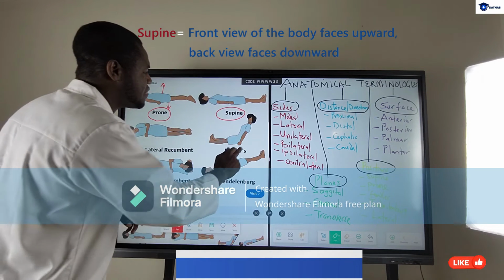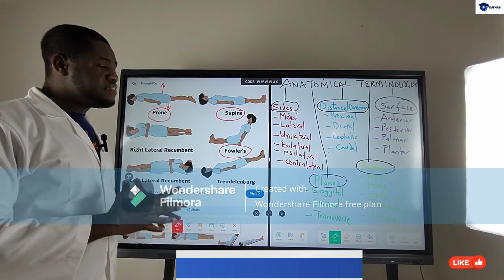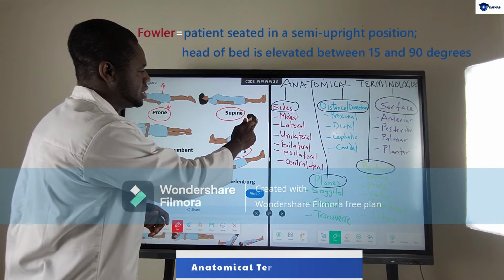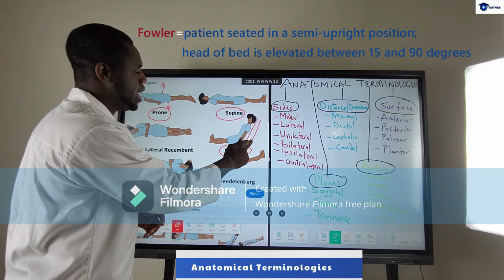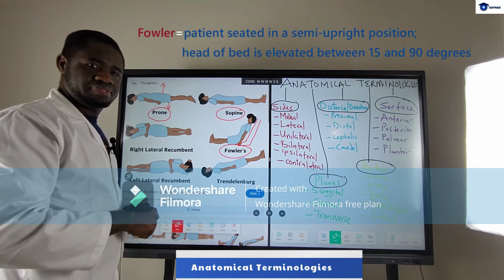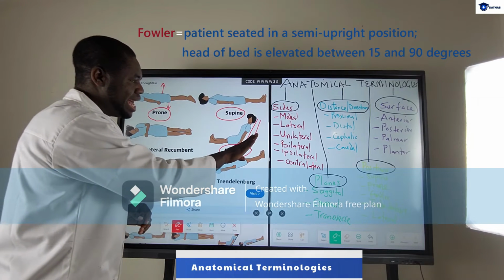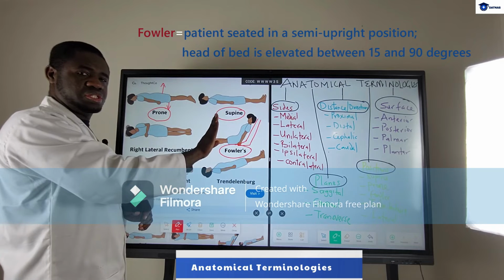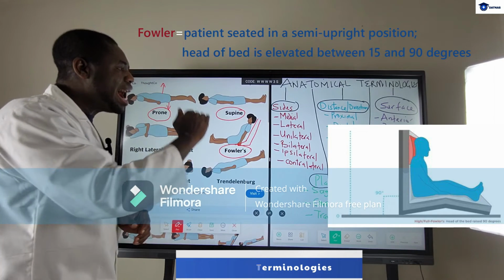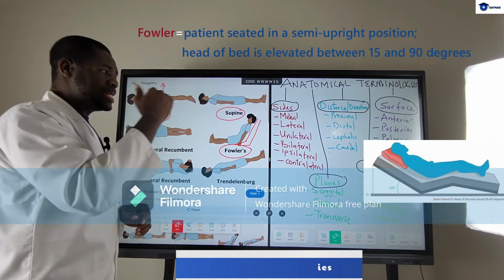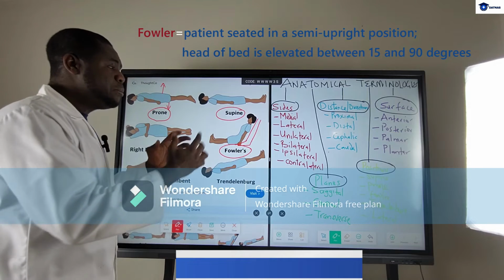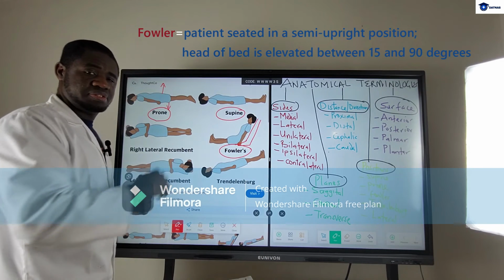Now let's talk about the Fowler's position. Fowler position is where the head of the bed is elevated to some degrees. In that case, we have high Fowler position, semi-Fowler position, and low Fowler position based on the degrees.